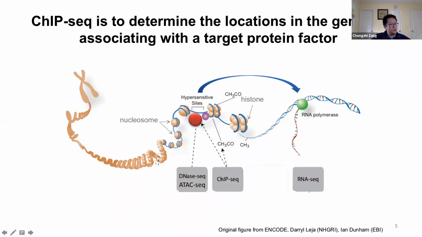So for this week, we're focusing on ChIP-seq, a technique in which we're targeting protein factors across the genome. That primarily includes transcription factors or other proteins that are associated with DNA, as well as histone modifications or histone marks.